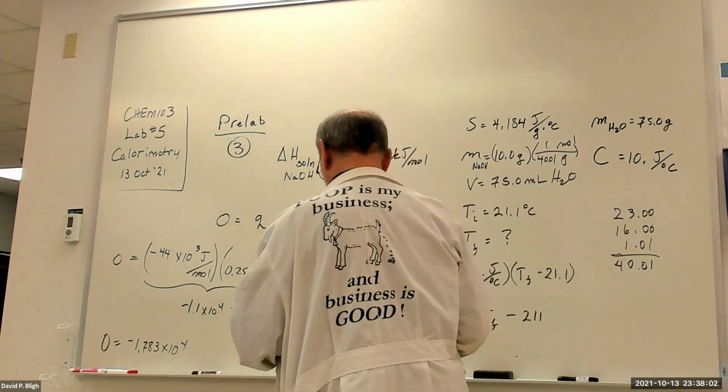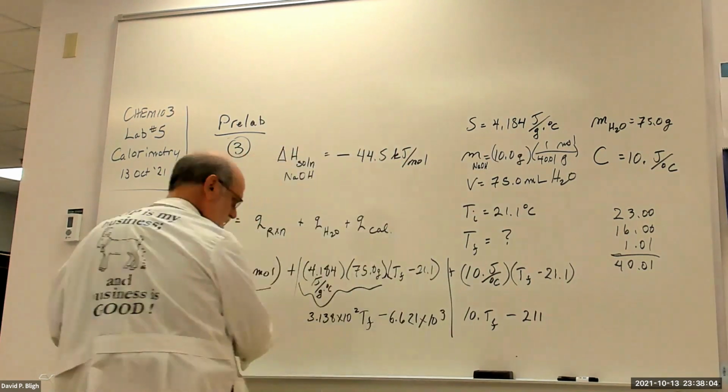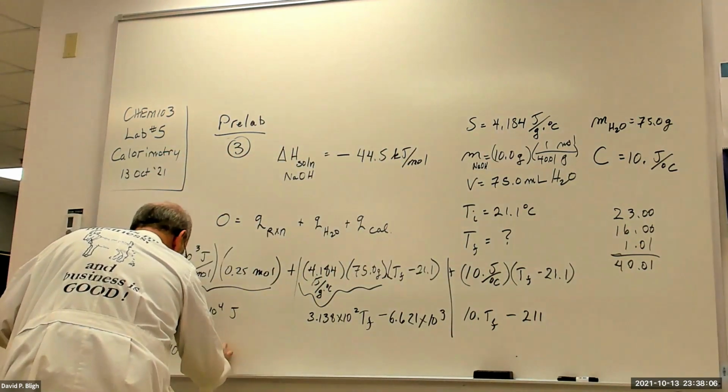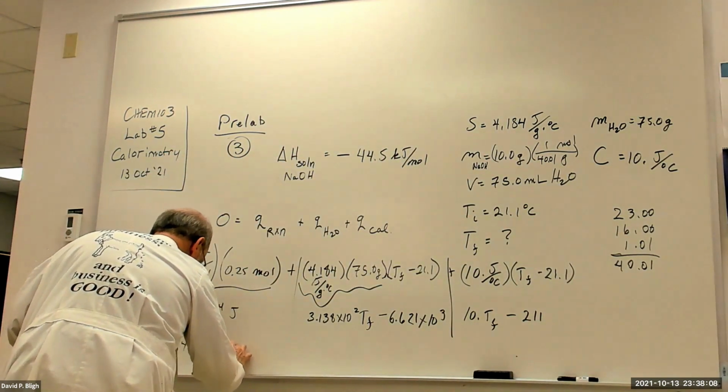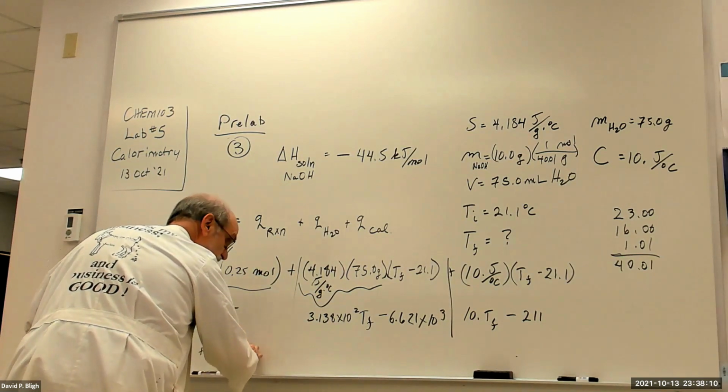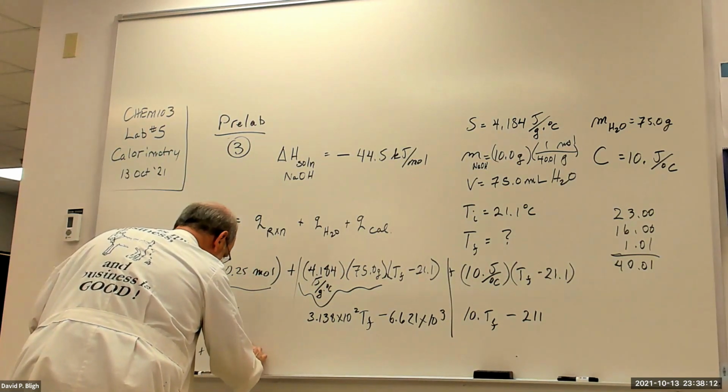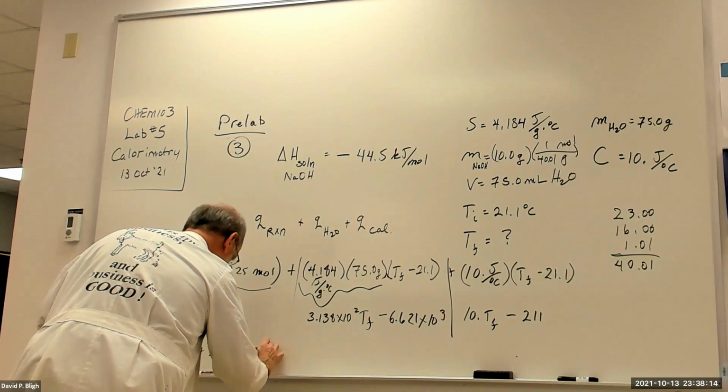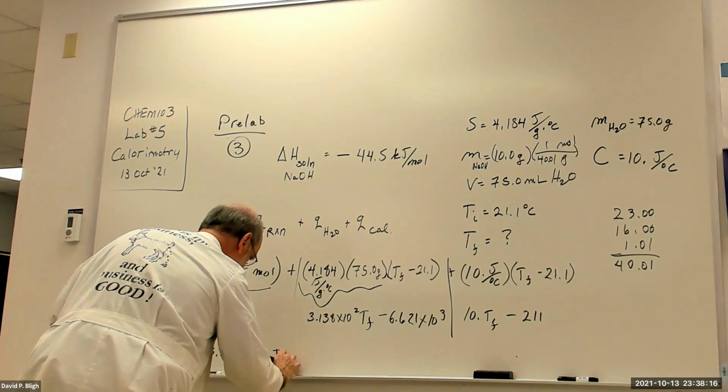And I get 3.238 plus 3.238 times 10 squared TF.